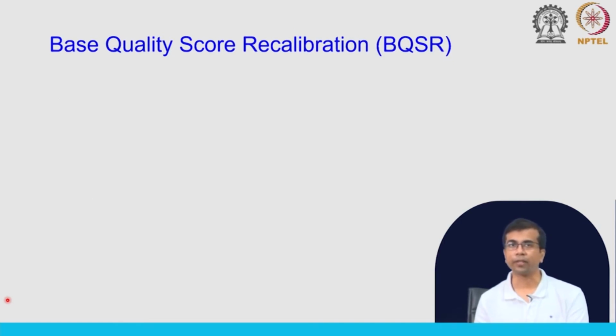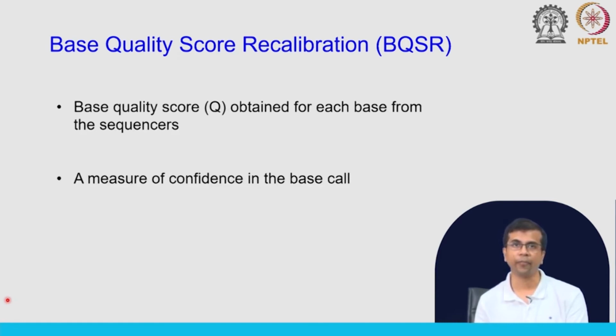Coming to the base quality score recalibration. What happens is that the base quality score of each base is recalibrated. You might ask what is the need for such recalibration. As you probably remember, the base quality score or Q score is obtained for each base from the sequencer. It measures the confidence in the base call, and it is generated from the signal to noise ratio.